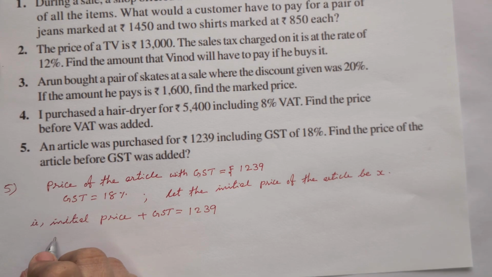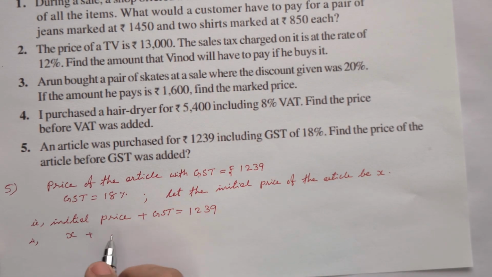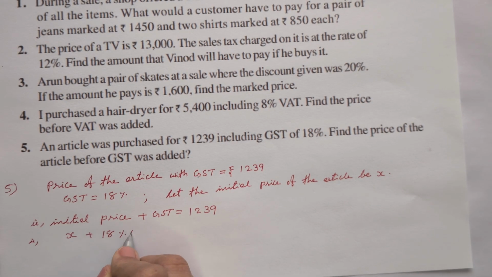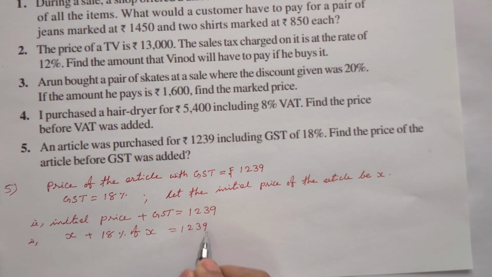Now initial price we can take as X, and that plus GST means 18% of X, that is 1239.